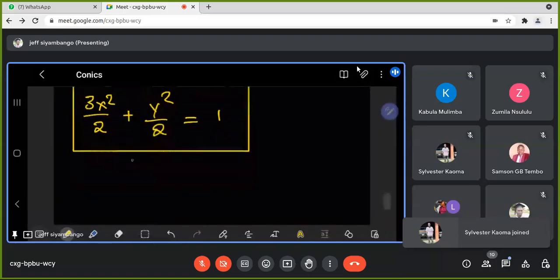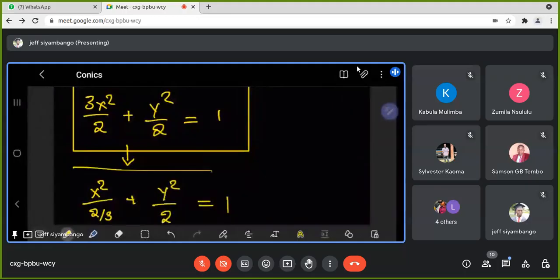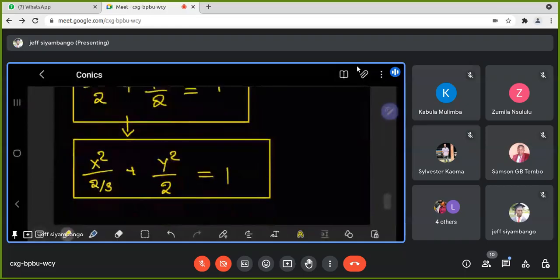You have to see that this can be written as x squared over 2 over 3, not 3 over 2. Then we have plus y squared over 2 equals 1. This is how it comes out.